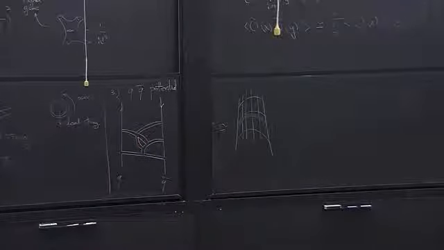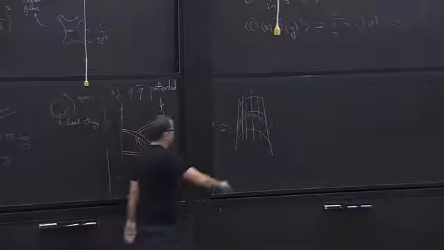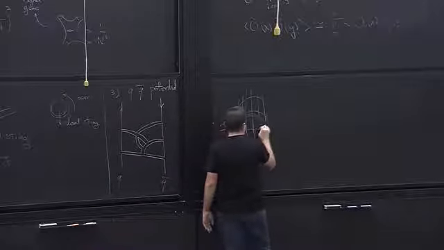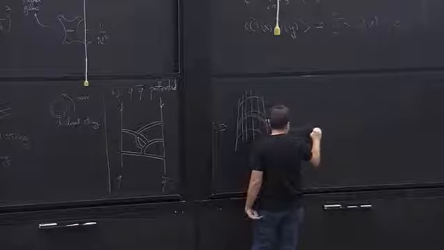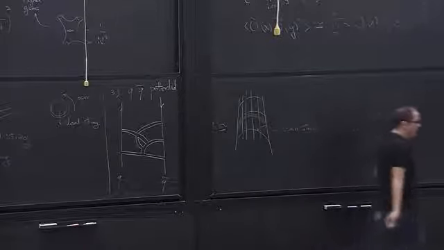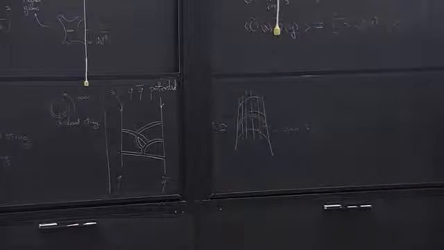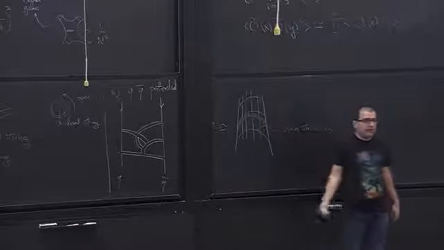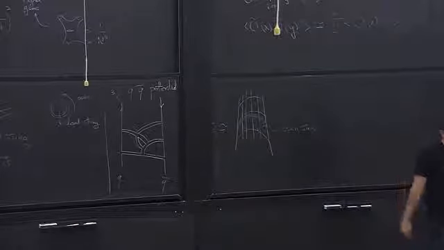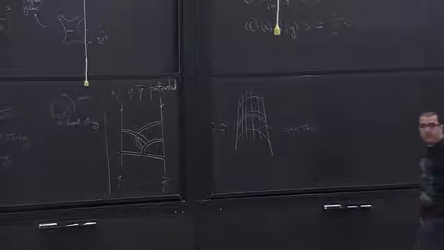In this case, this would be an open string stretched between the quark and the antiquark, and by summing over all diagrams, I will be summing over all possible shapes of this string.